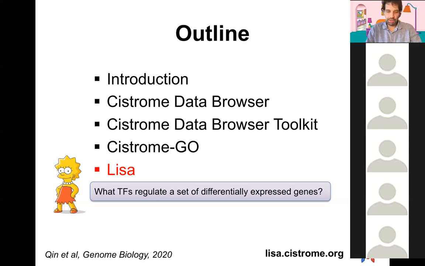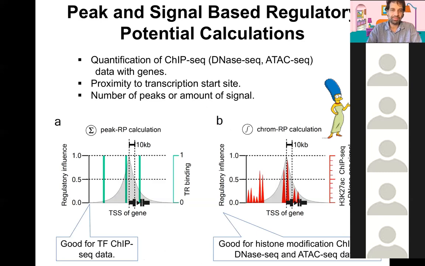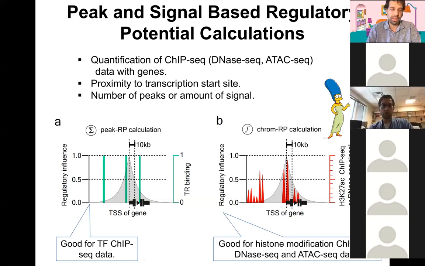Yeah, so the last tool I am going to describe is Lisa. Lisa addresses the question: what transcription factors regulate a set of differentially expressed genes? We've already discussed the regulatory potential based on TF ChIP-seq peaks.